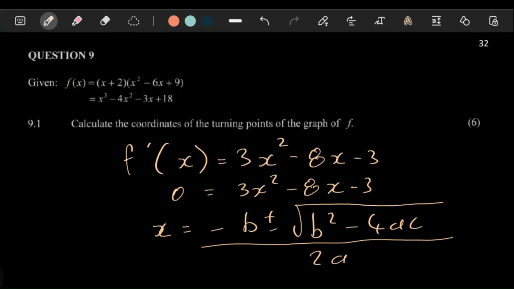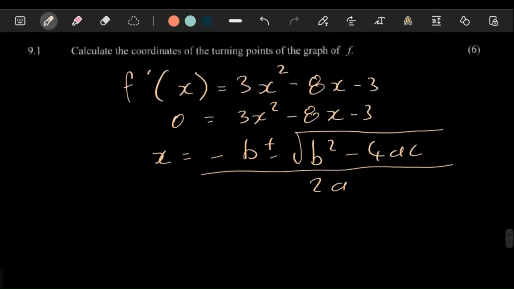Minus b, where is b? b is negative 8, plus the square root of minus 8 squared minus 4 times a, which is 3. c is negative 3. And then 2a is 2 times 3. So yeah, that's at least promising, because it's a normal looking answer.